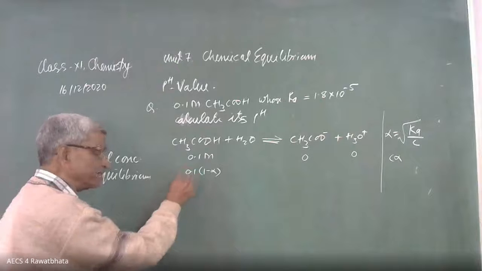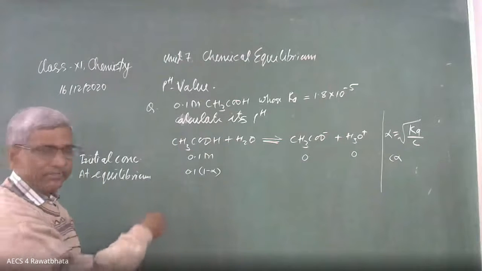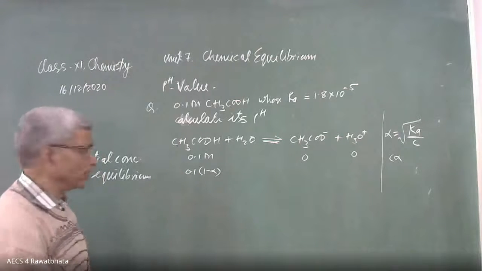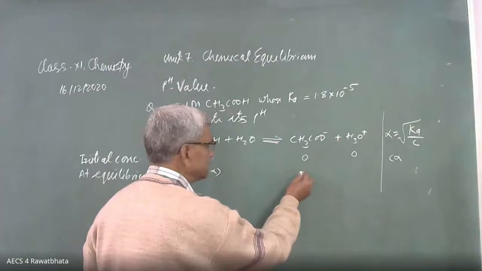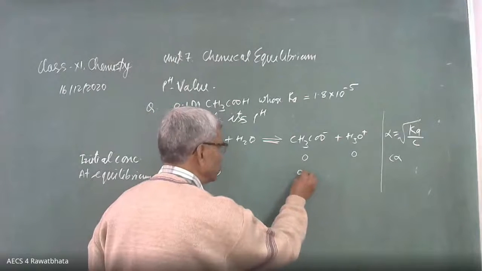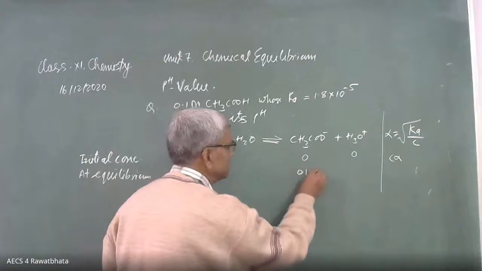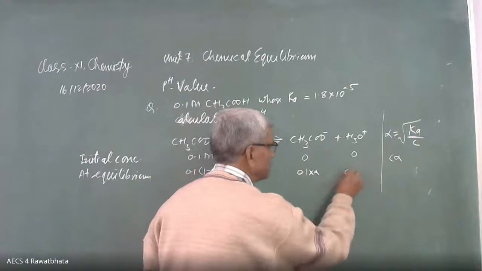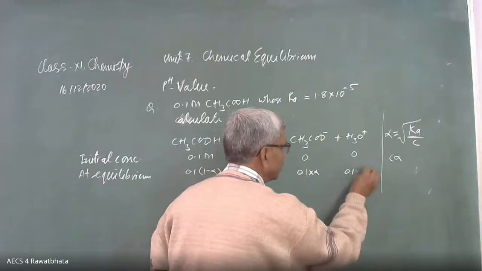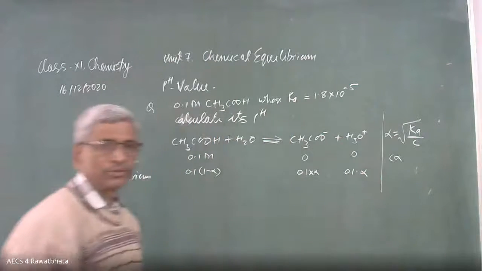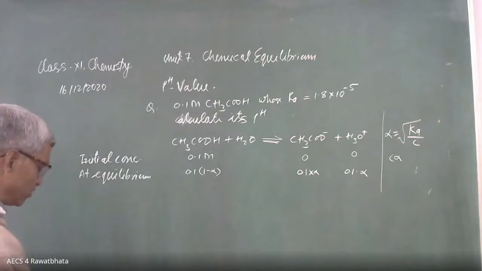This part we have done earlier. Simply we are going to utilize this. And here it is C alpha. C is 0.1. Concentration is given 0.1. And alpha is degree of dissociation. And this will be 0.1 into alpha. Okay, beta. So this is the concentration.